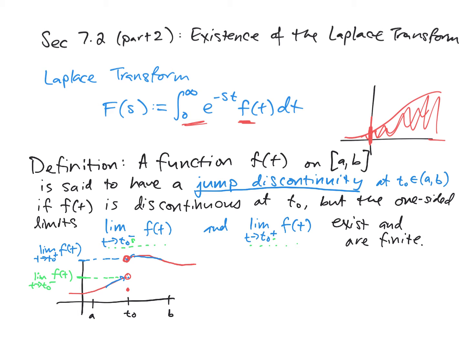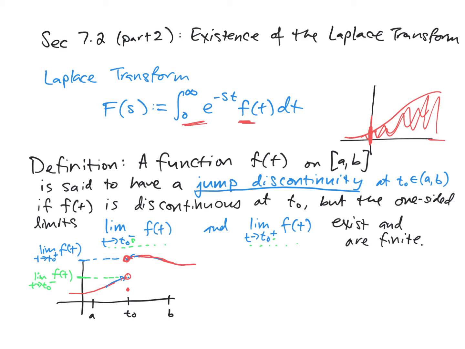It doesn't really matter because that's a different concept than these one-sided limits. In any case, this is an intuitive concept that we have a discontinuity at t naught, but it's just a jump: we're heading one place and then we jump someplace else and continue on from there.